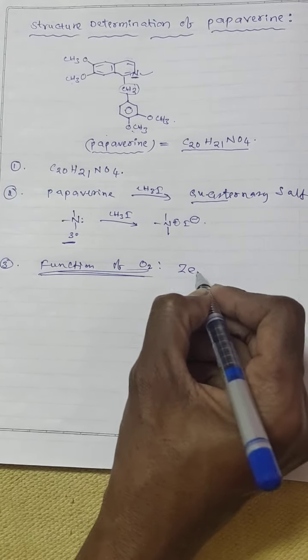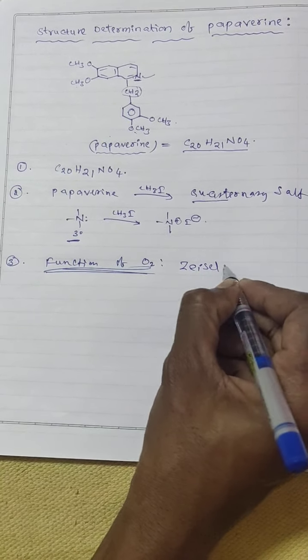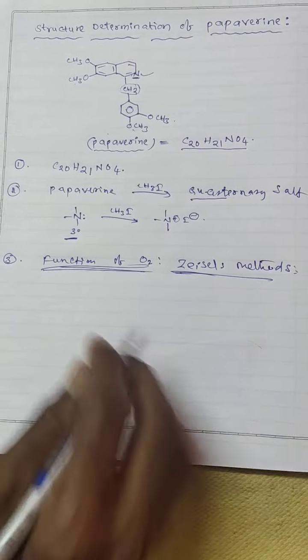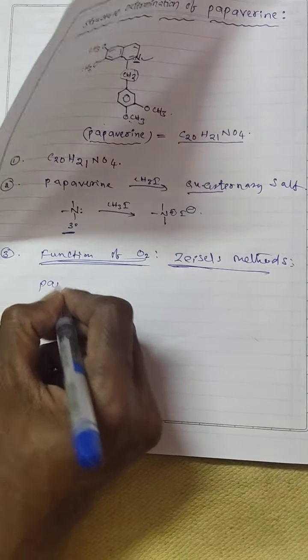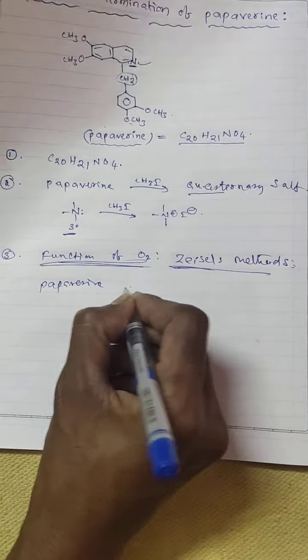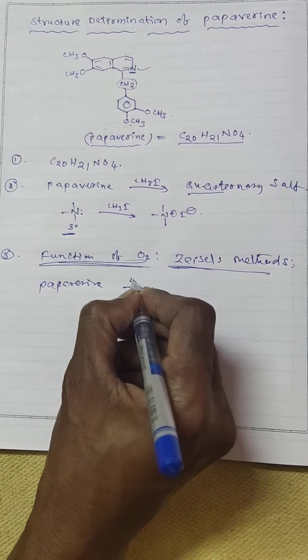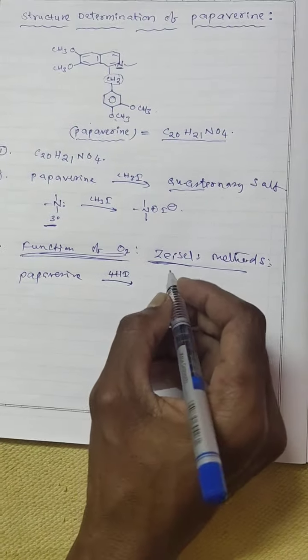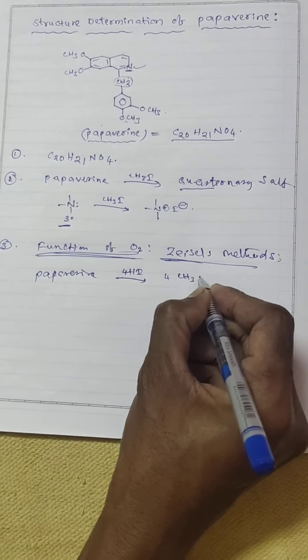We know that it is by Zeisel's method, right? So what is Zeisel's method? Whenever papaverine reacts with, how many moles are required here, HI, 4 moles, it forms 4 moles of methyl iodide.